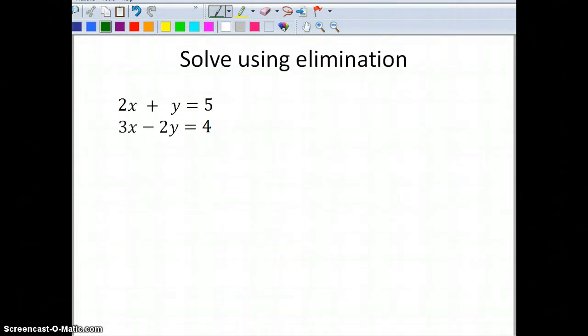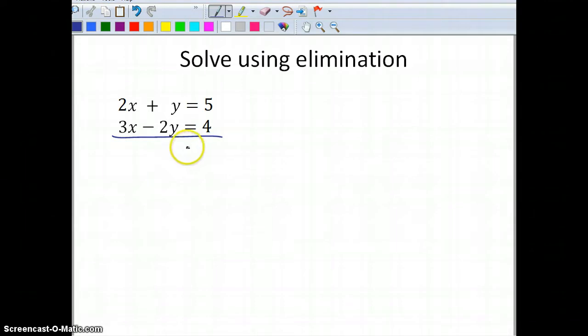Now, again, we're going to solve using elimination. Now on this one, I look at ax plus by is equal to c, ax plus by is equal to c. So my form is good. I just need to figure out which one I'm going to get rid of.